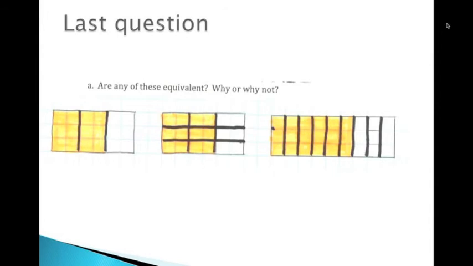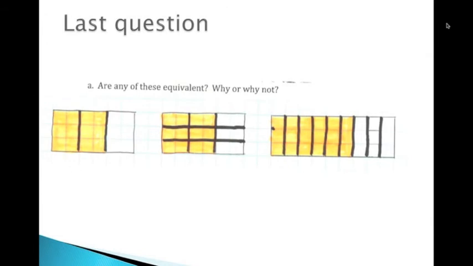The one all the way to the right is also 6/9, but the whole rectangle is not the same size as the others. So while one could say this is 2/3 and 6/9 and another 6/9, it's 6/9 of something else. And so I would say just the first two are equivalent because the other one, the whole, is something different.